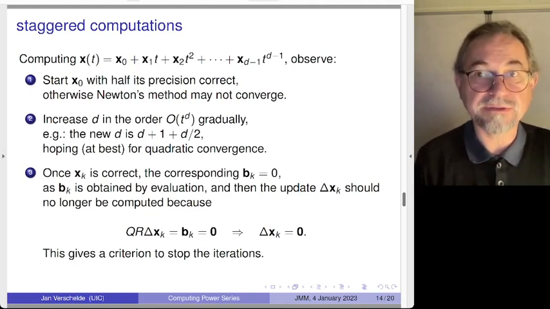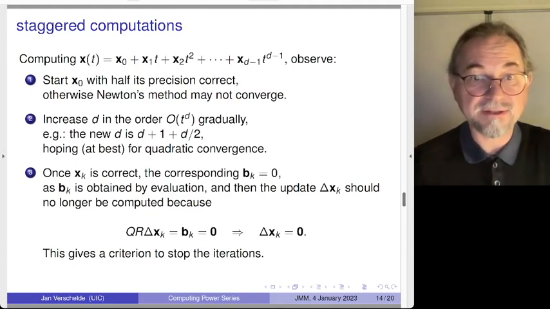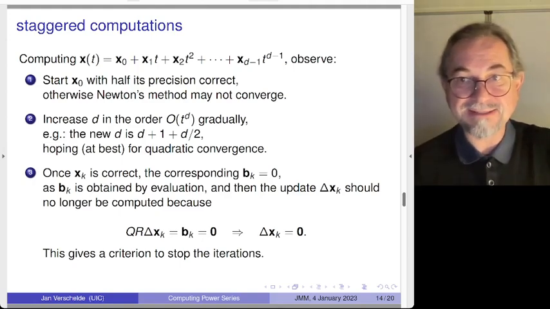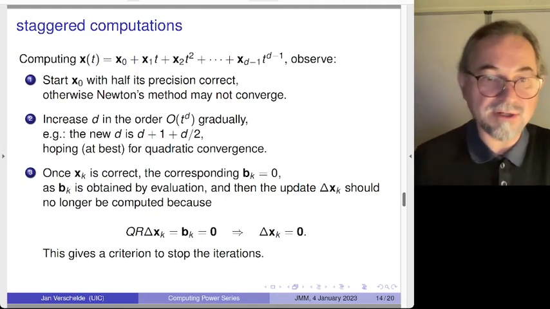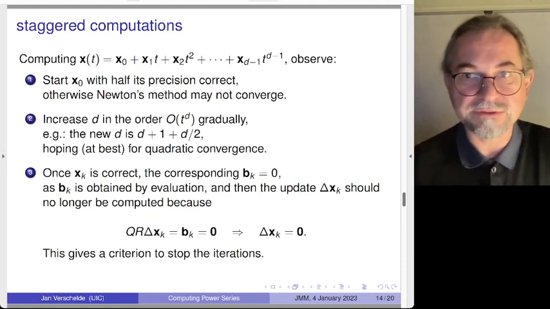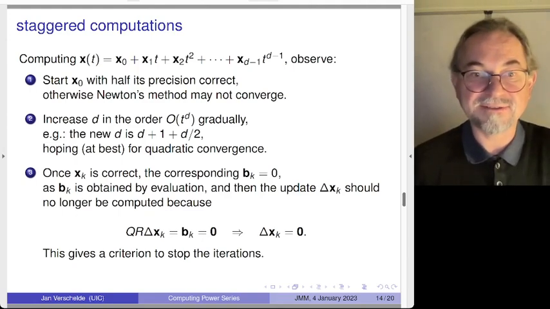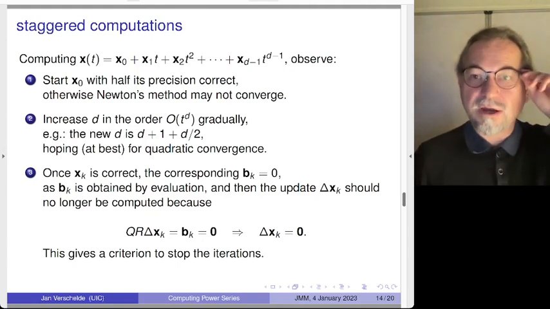That is a stop criterion. Once a block of coefficients is correct, you will notice this when you evaluate. If the right-hand side evaluates to 0, then the QR in the update will also give a 0, so you don't need to do that solving. So this gives a stop criterion.